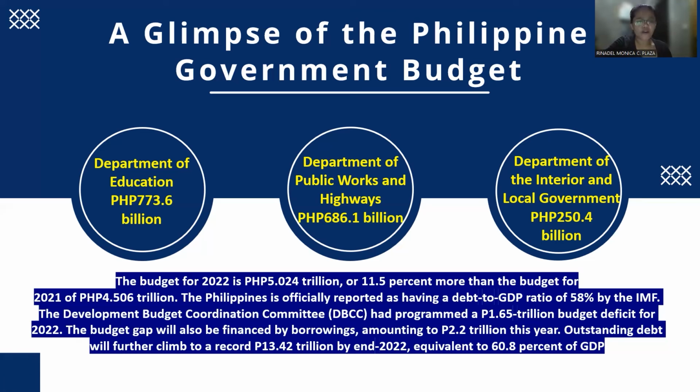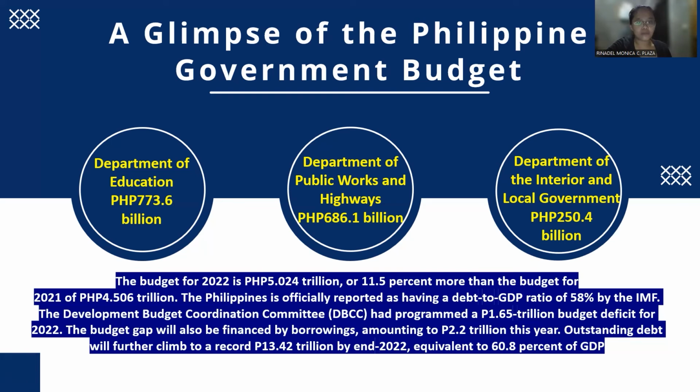The Philippines is officially reported as having a debt to GDP ratio of 58% by the IMF, International Monetary Fund. The debt to GDP ratio is the ratio between a country's government debt and its gross domestic product.